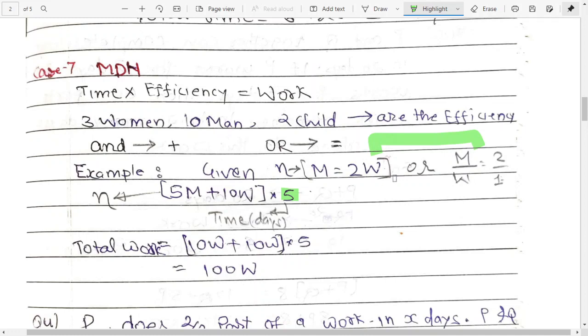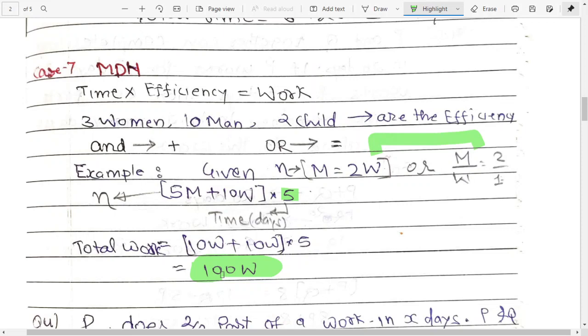So 5 men equal to 2 women, that is, put it as 10 women and 10 women, and they are working for 5 days. Then the total work is 100 women working together. In that situation you will get the total work. They are not always asking for the total work in that particular format of question. They are asking in any case either for men working on that, or 100 women, or any of the women working on that.